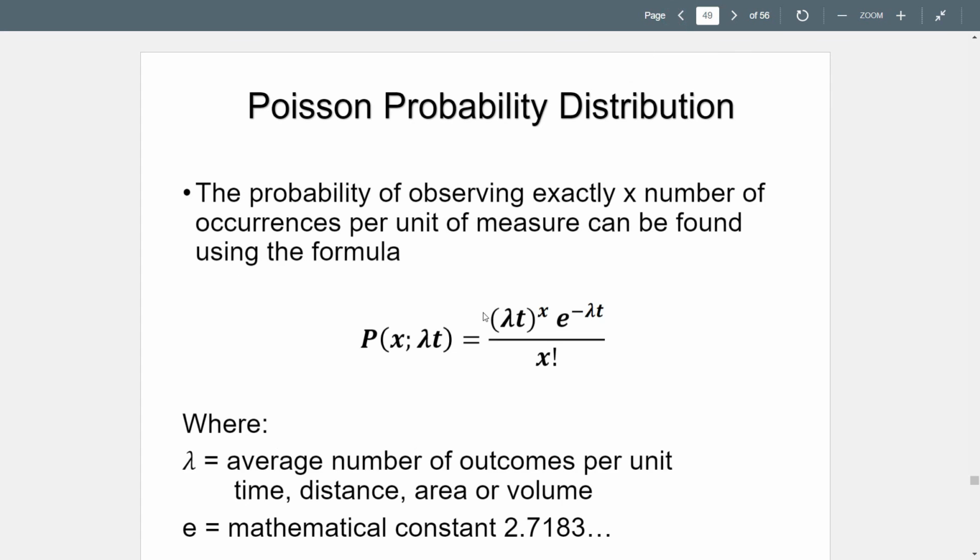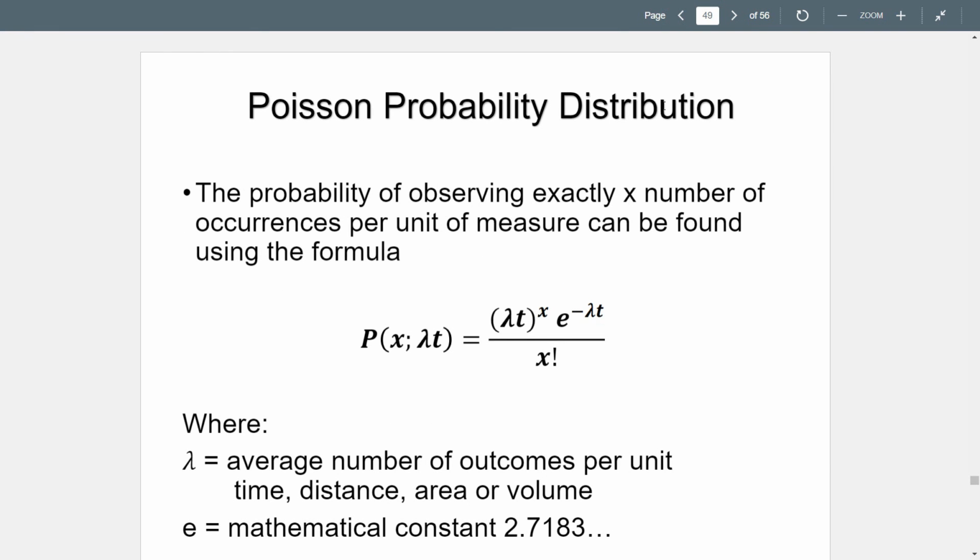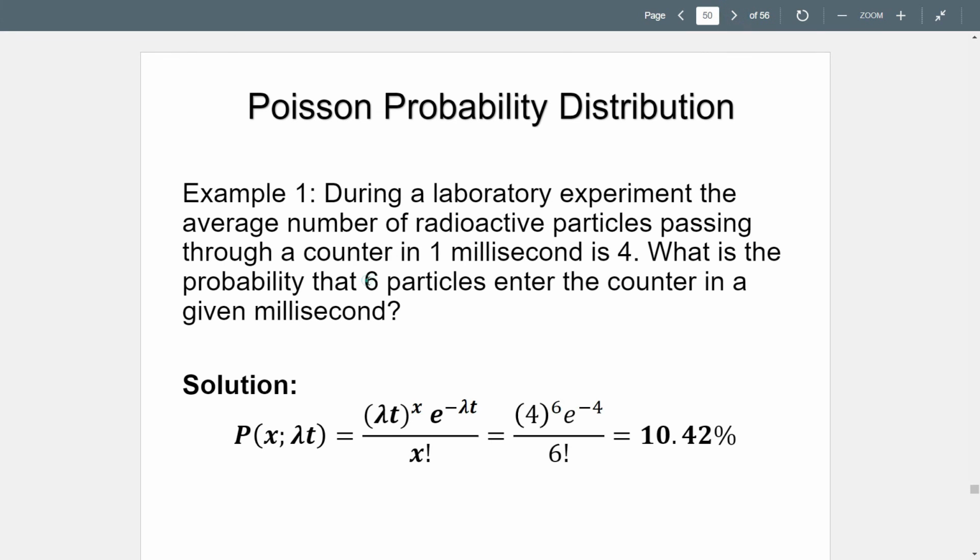So 6 particles will be our x, the number of occurrences per unit of measure, so 6 particles per millisecond. Take note of the formula.